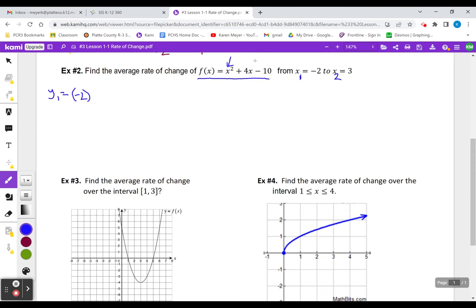And when you plug negative 2 in, you must plug it in for both of the x's. And then another key thing to remember, when you use your calculator and you square a negative number, you must put it in parentheses as I have it written, or otherwise your calculator will give you the wrong answer, because negative 2 squared is positive 4. Then minus 8 minus 10, which means y1 is negative 14.